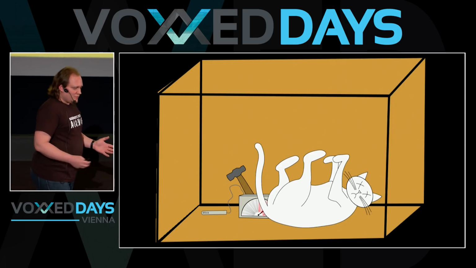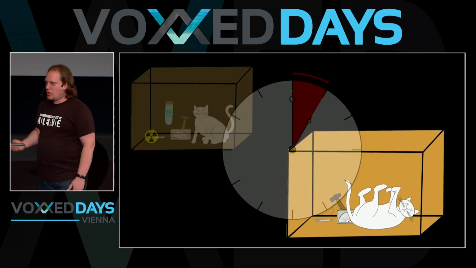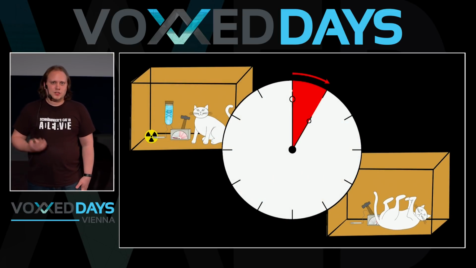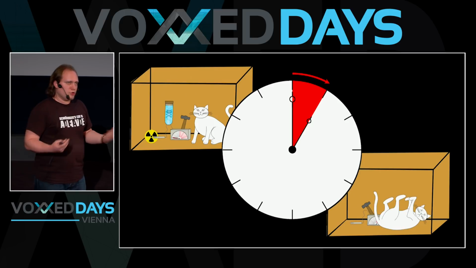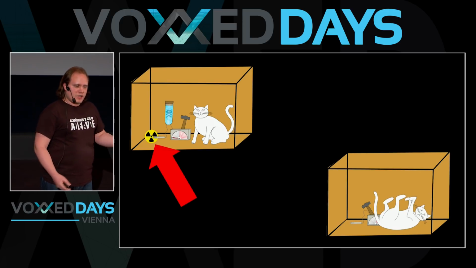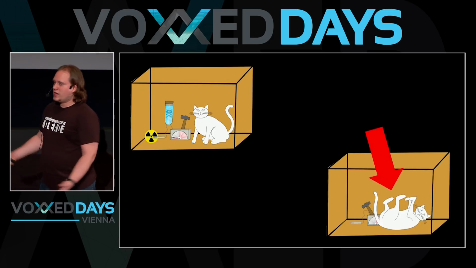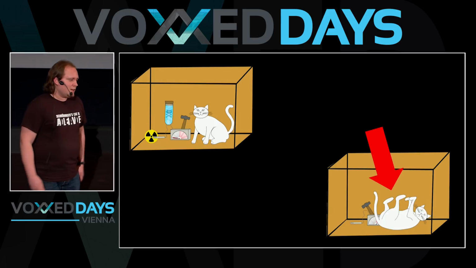Okay, so according to what we did just now, if you measure after 1 hour, there are two states which you could measure. One in which the radioactive material has not decayed, so everything's fine, and one with a dead cat.